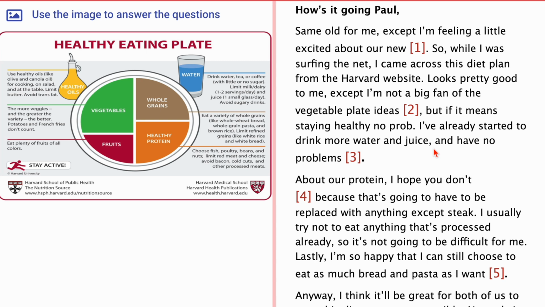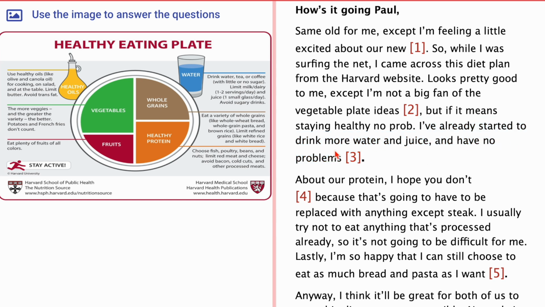Next, I've already started to drink more water and juice and have no problems. So this one here is talking about water.